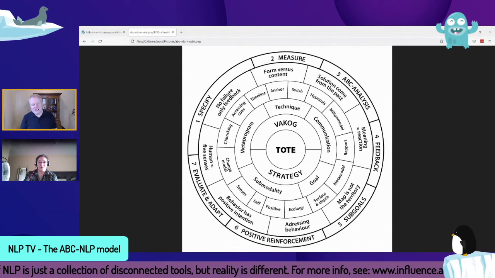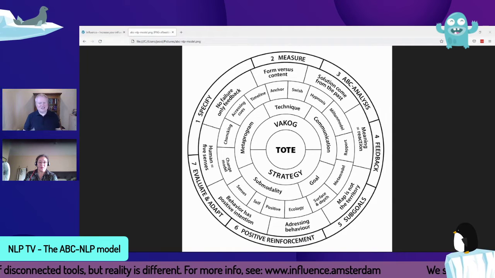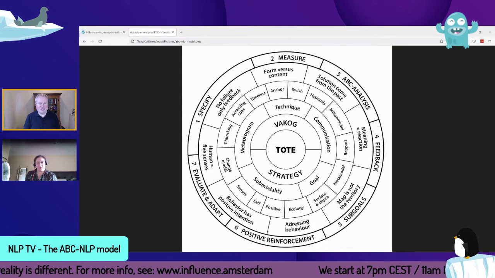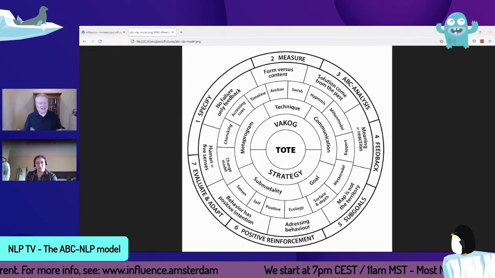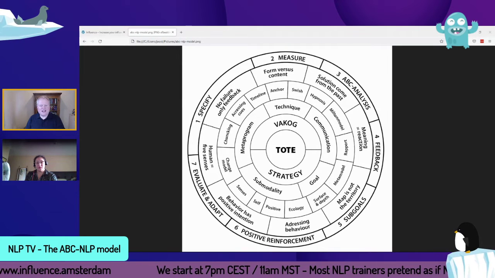And then finally, humans can be best understood in terms of the 5 senses. This goes also to submodalities and the VAKOG acronym, which stands for Visual, Auditory, Kinesthetic, and another two that I can't pronounce because I'm not a native English speaker.